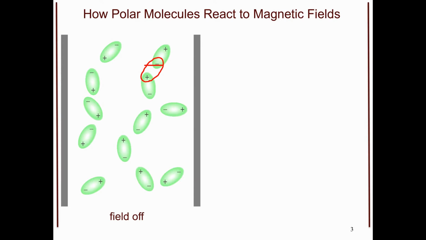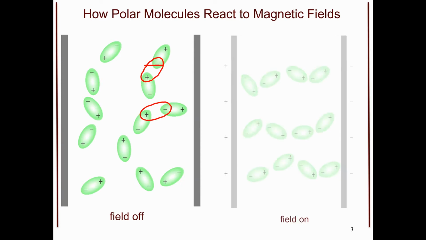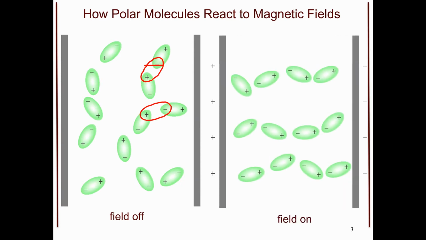But as you'll notice, these poles start to align themselves. This is done instantaneously, and depending on the strength of the debye moment, this can be done very easily and instantaneously. However, with the magnetic field on, notice that we will start to get the outside influence of our magnetic field organizing our molecules, but internally we still have those positives and negatives attract internally.